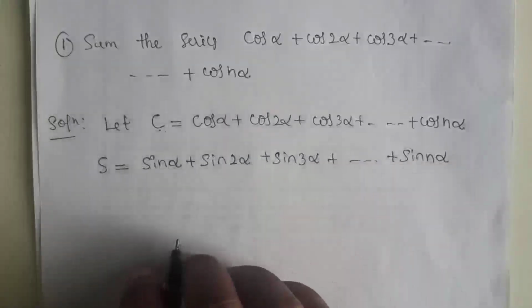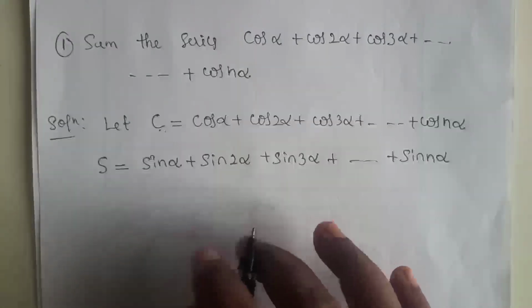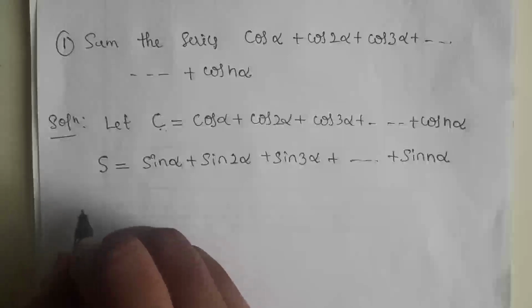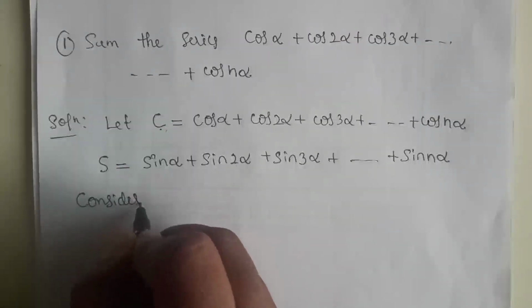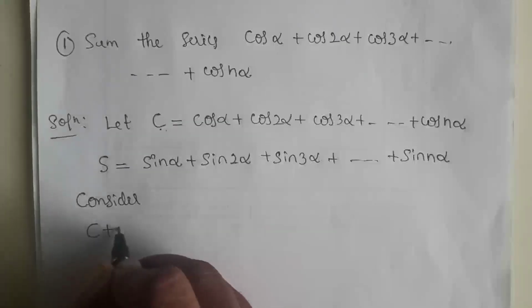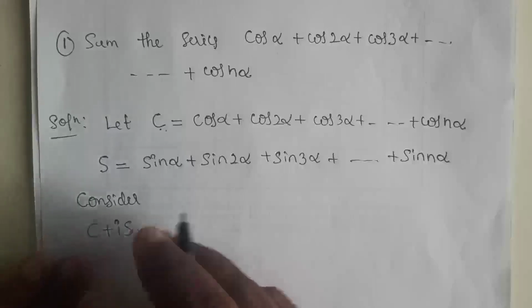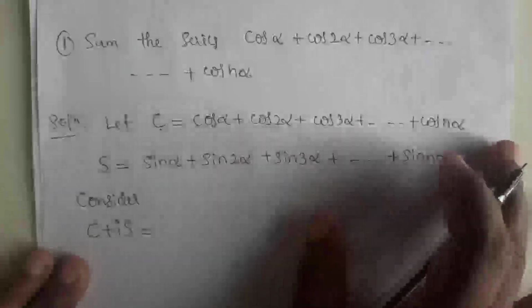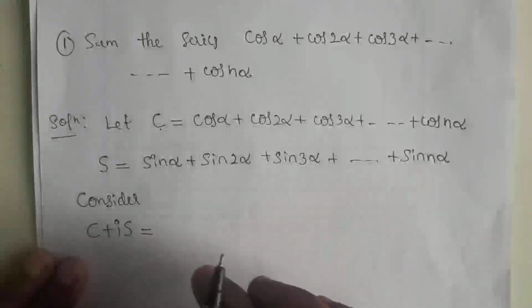So we have written both the series, the sine series and the cosine series. Now we use the C+iS method, that is, we consider C plus iS, where C means all the cosine series terms, S means all the sine series terms, and i is the imaginary number.